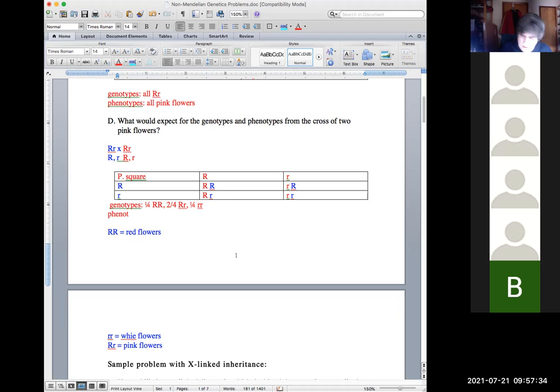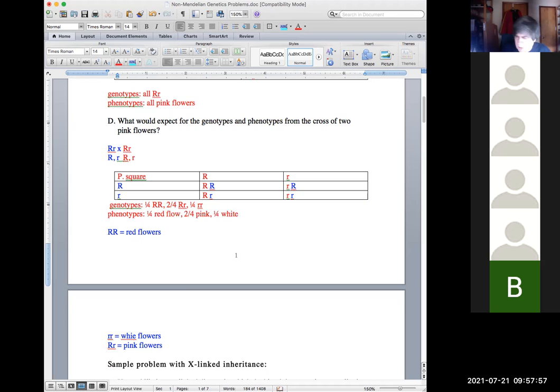Okay, then if we look at the phenotypes. The 1/4 that are big R, big R are red. The 2/4 that are big R, little r are pink. And the 1/4 that are little r are white.